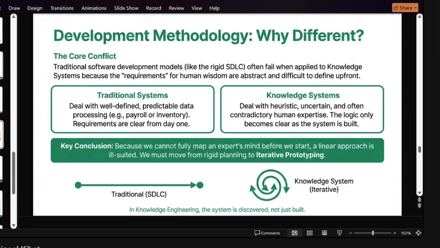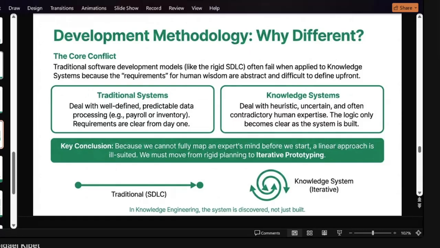Okay, so I'll be taking you through development methodology and why it differs. The core conflict: traditional software development, like the rigid SDLC, often fails when applied to knowledge systems because the requirements for human wisdom are really abstract and difficult to define upfront.